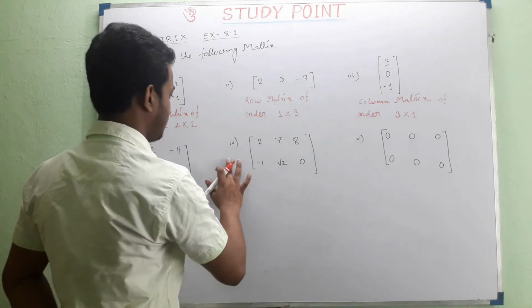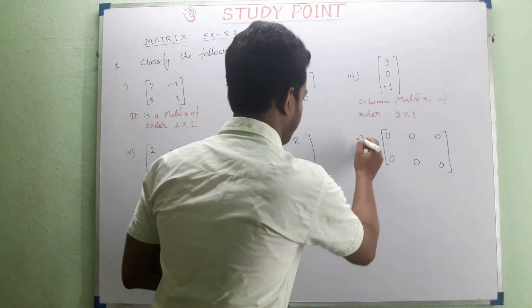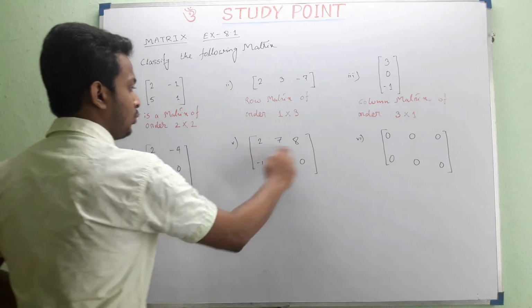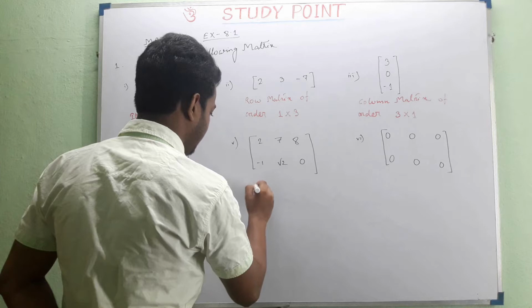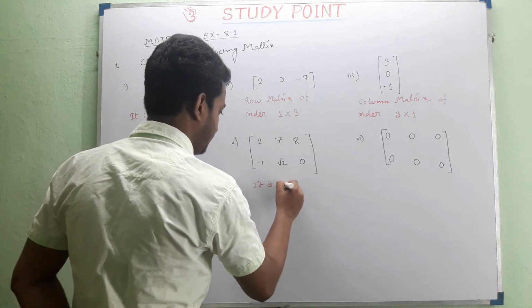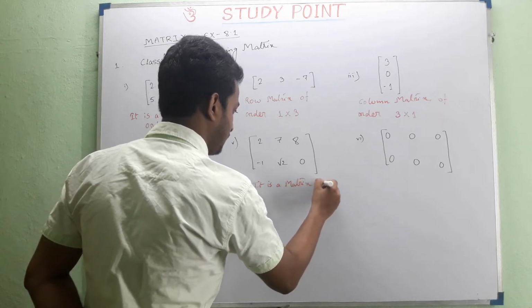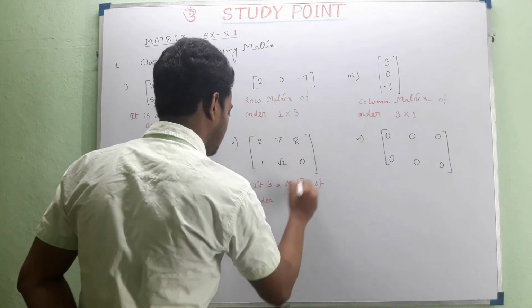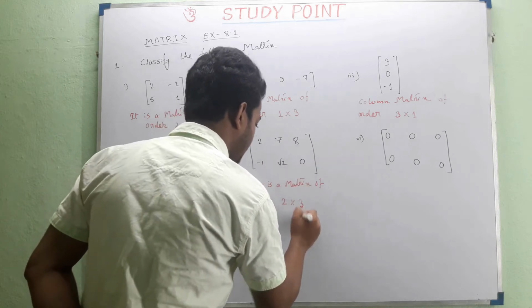Here, sorry, it will be 5 and it will be 6. Now see, 1, 2 rows over here. So it is a matrix of order 2, that is 2 rows and 3 columns, 2 by 3.